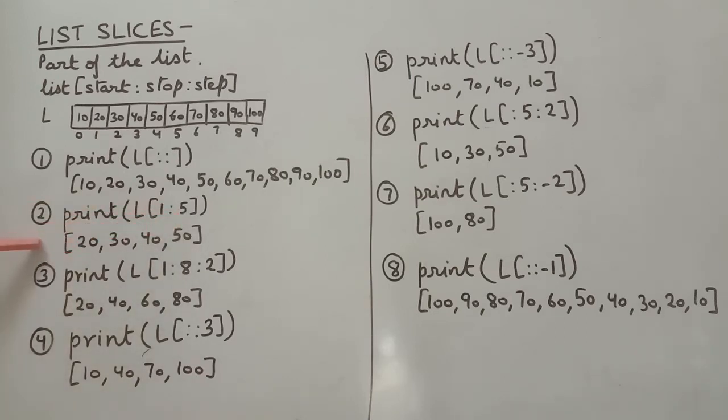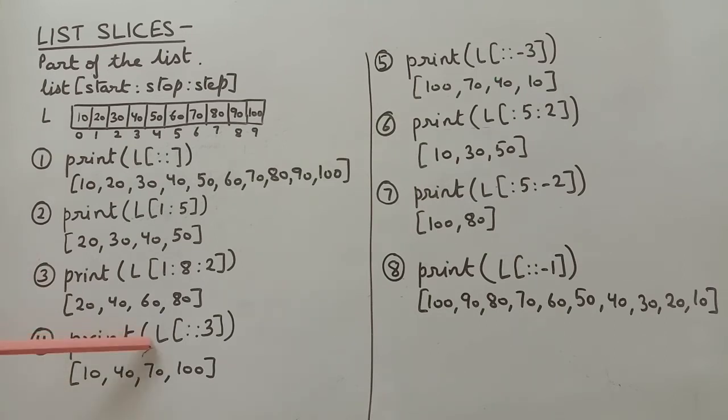Your resultant is 20, 30, 40 and 50. Next example: L, start index is 1, end index is 8 and the step value is +2. Starting from the first index till the 7th index, every second element is considered. So your resultant is 20, 40, 60 and 80.